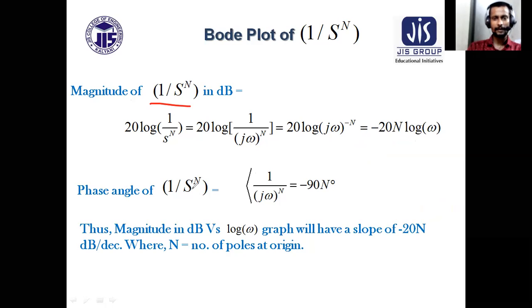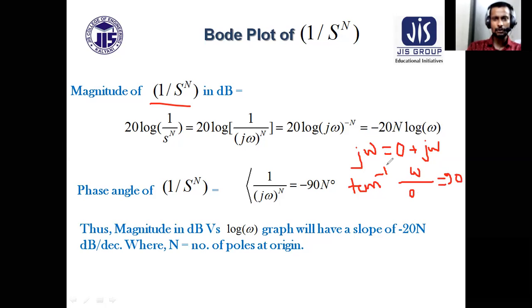Phase angle of 1 by s to the power n is minus 90n. Phase angle of j omega is what? j omega could be written as 0 plus j omega. So its angle will be tan inverse b by a, that is omega by 0. Tan inverse of something by 0 means tan inverse infinity, that is 90 degree. Clear?